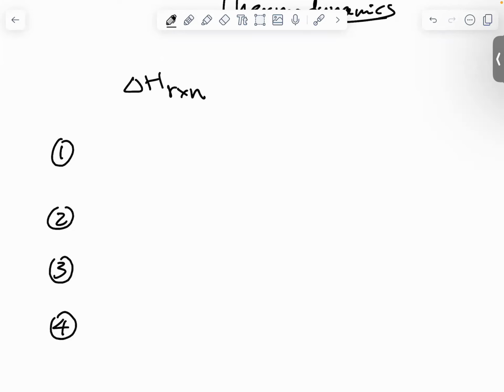First, we have the easiest. Product minus the reactant. That's the easiest. You got a table, and we actually will have some of these similar type of calculations later on today.